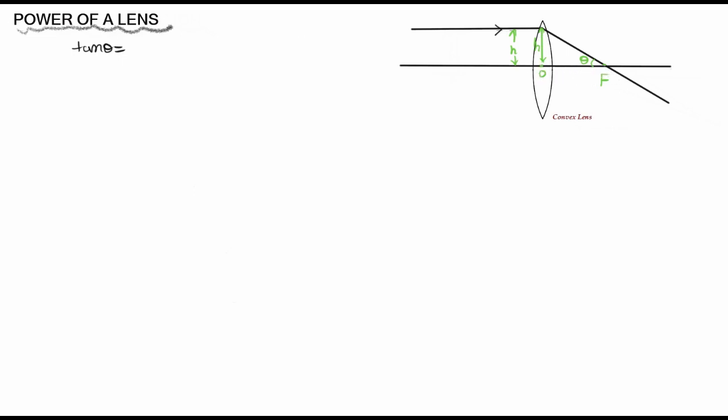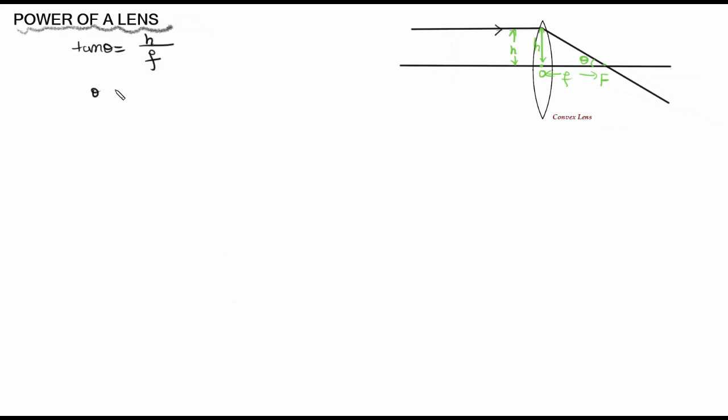This distance will obviously be the focal length. If this is the principal focus, the distance from here to here will be the focal length. So tan theta is h divided by f.